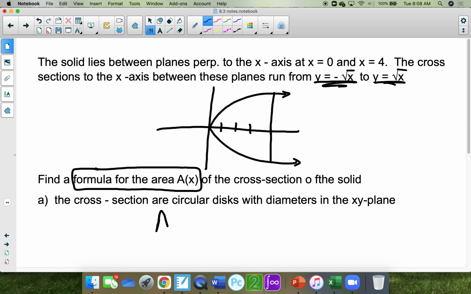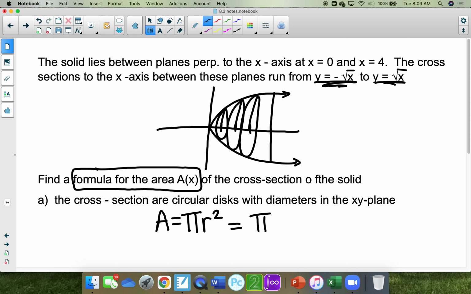So the formula, we're going to use circular disc because area is equal to pi r squared. You can look in the book too. They have a really nice drawing of these discs in the book, but basically we are putting circles in here, and every circle is different.